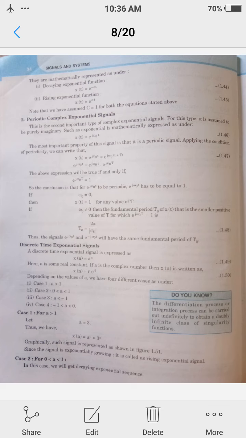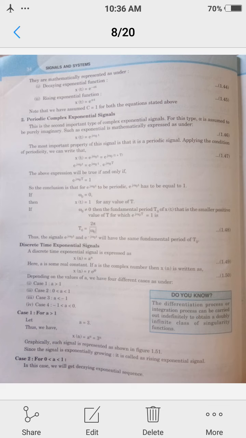If we consider the complex number, then x[n] is equal to r into e to the power j theta. r is the polar form, e to the power j theta is the exponential imaginary form.